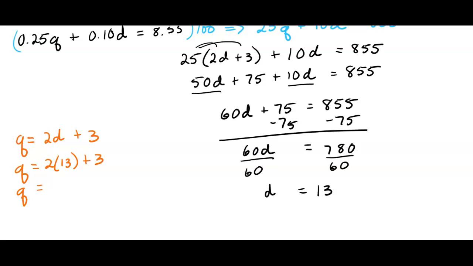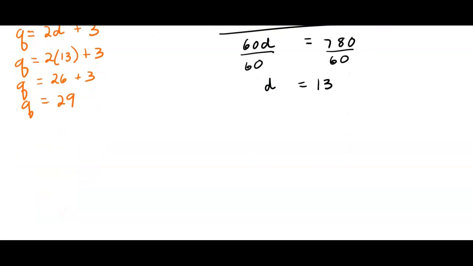And then I've got to do a little bit of math. 26 plus 3, which is 29. So I'm going to say she has 29 quarters and 13 dimes. So let's just write that. So dimes, she has 13 of them. Quarters, she has 29 of them.